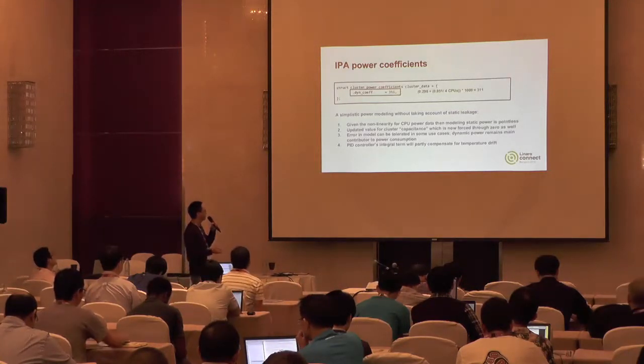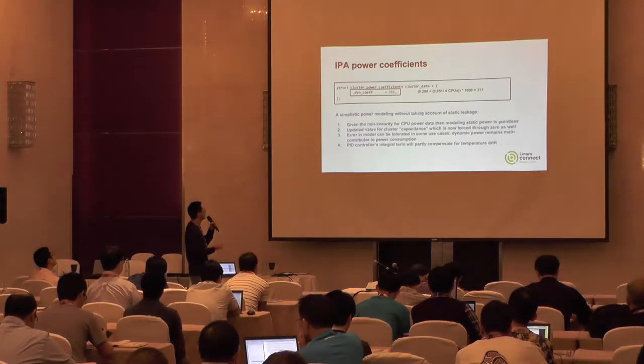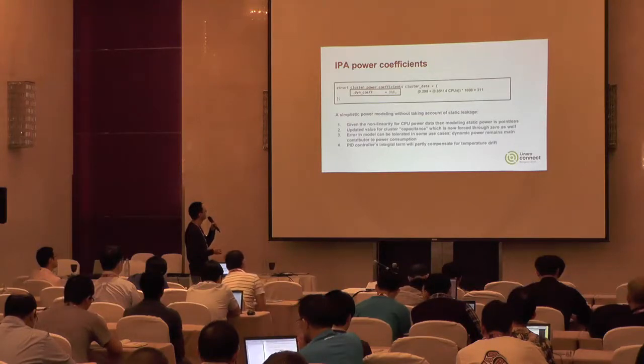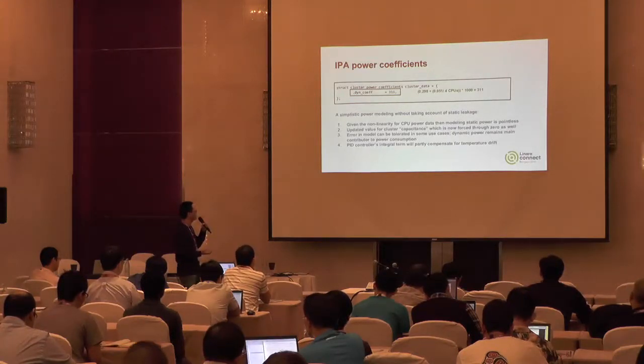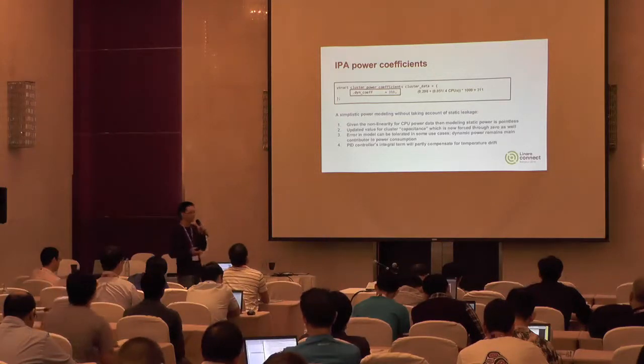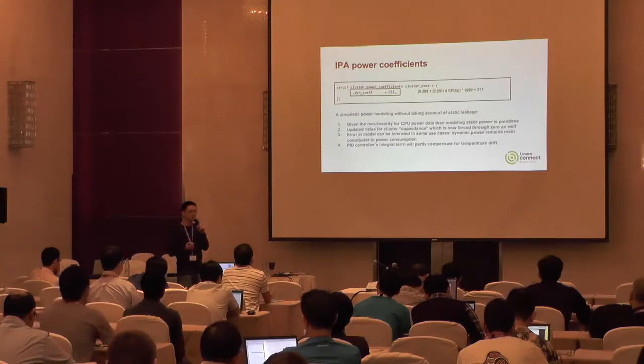Another thing is that error in the model can be tolerated in some use cases. Dynamic power remains the main contributor to the power consumption. Also, the PID controller's integral term will partly compensate for the temperature drift. So we can also rely on this to dismiss some errors in our modeling.